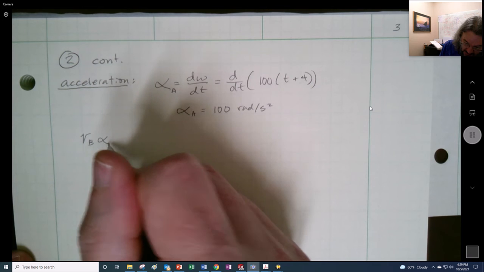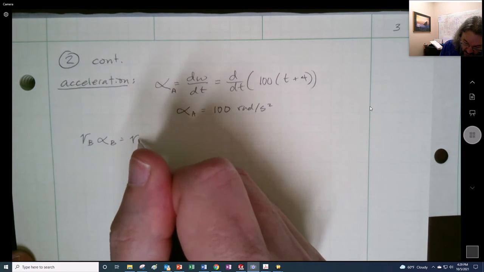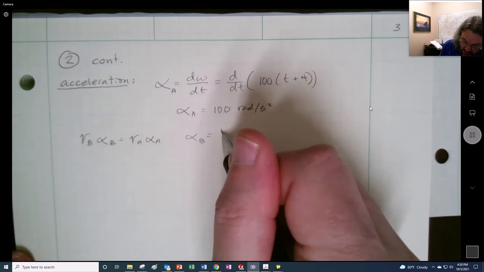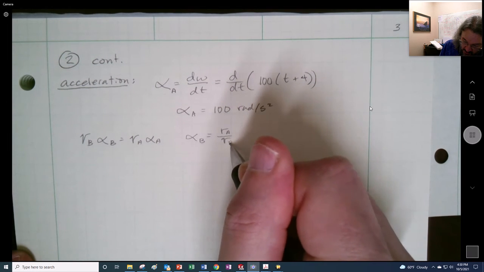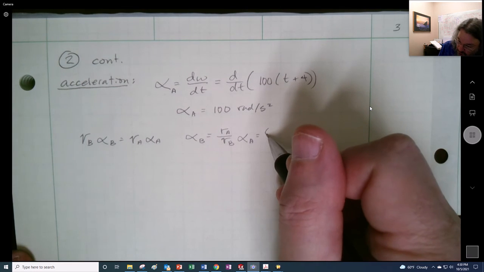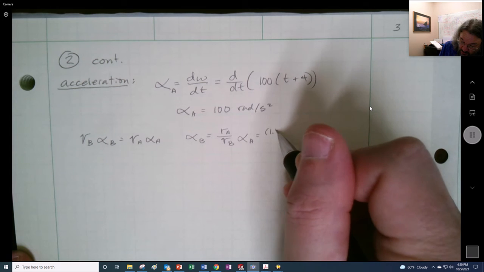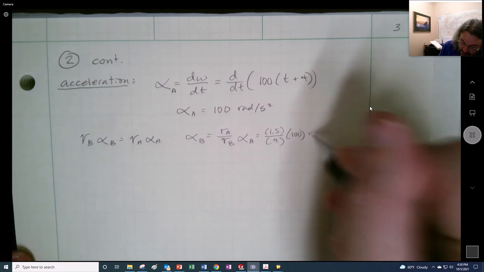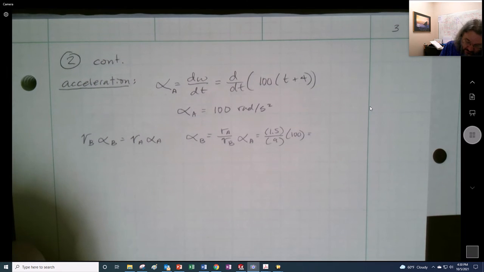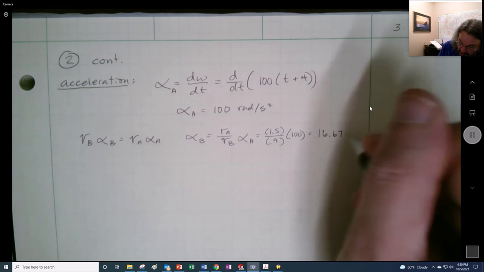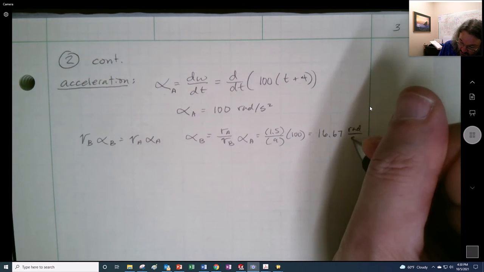RB times the acceleration of B is RA times the acceleration of A. Therefore, the acceleration of B is RA over RB times the acceleration of A, or 1.5 over 9 times 100. So that should be 16.67 radians per second squared.